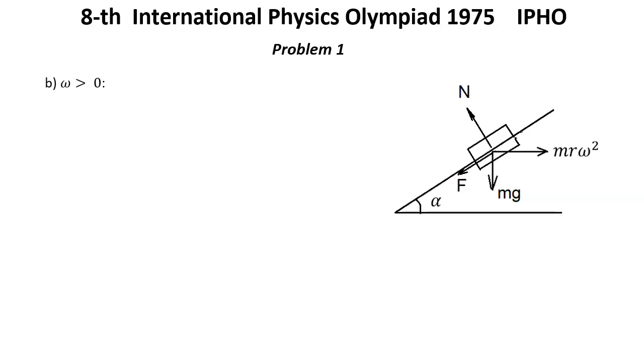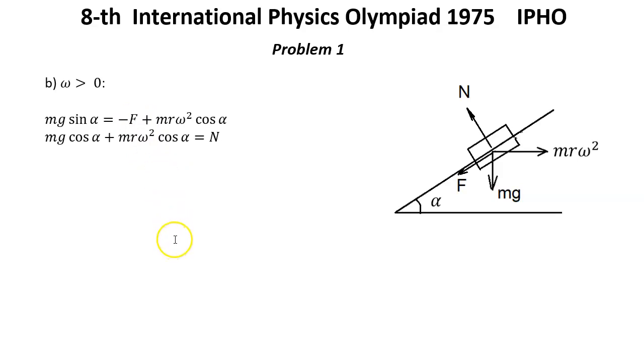Now let's check what happens in case B when r omega square is big enough that force of friction F must go downhill to compensate the ability of the body to go up and right. So in that case we can rewrite our equations in this form, where force of friction F changed the sign.